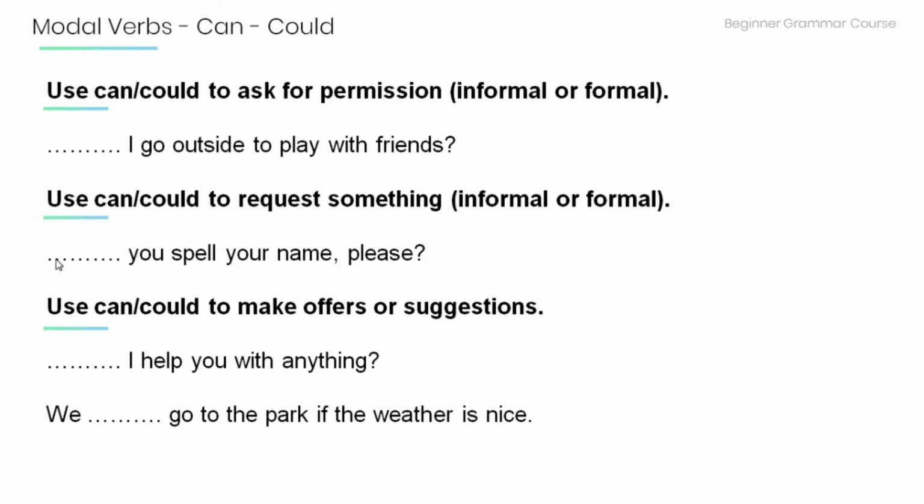Read the following sentences and fill in the blanks using the appropriate forms of the modal verbs. I go outside to play with friends. Can I go outside to play with friends?